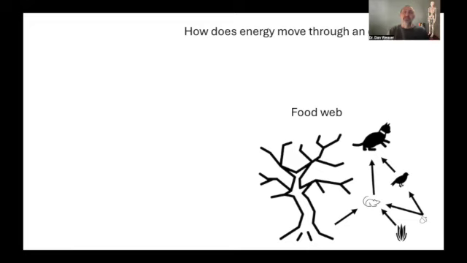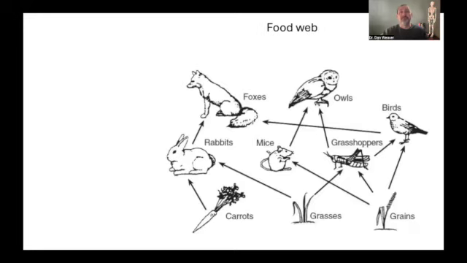All of the energy from those food sources are going into the mouse. The mouse could be eaten by the cat, or it might be eaten by a hawk or by a snake. There's other things. The cat might not just eat mice, it might also eat an occasional bird. So both the energy from the bird and the mouse are going into the cat, which is one of the top consumers in this food web.